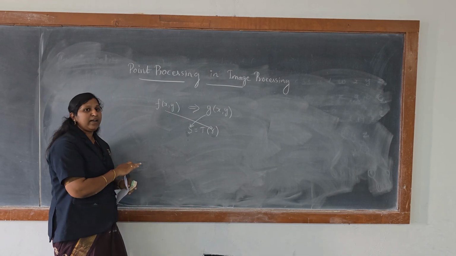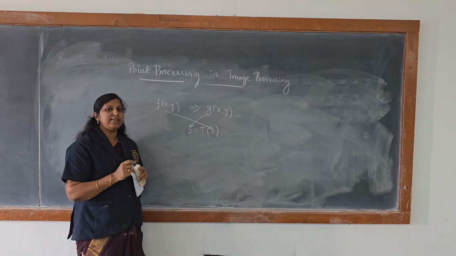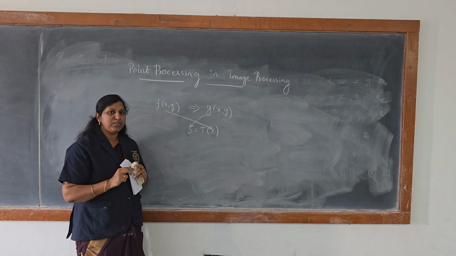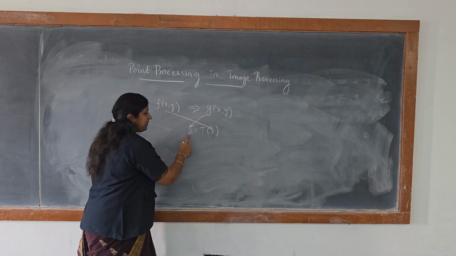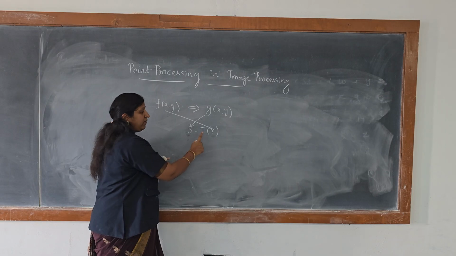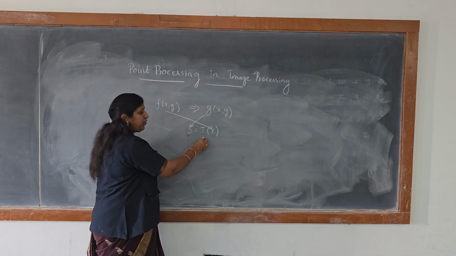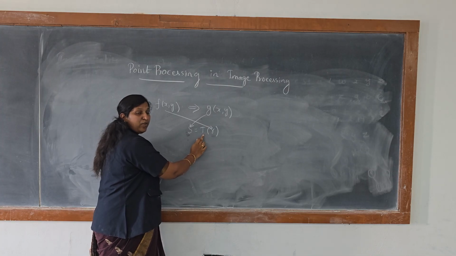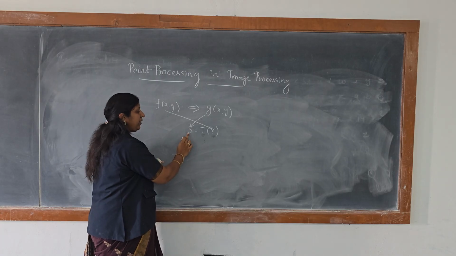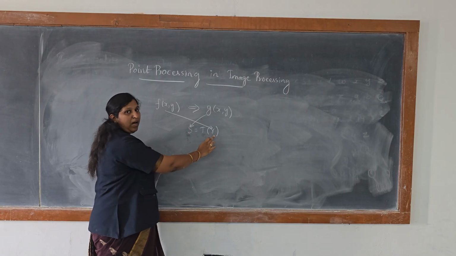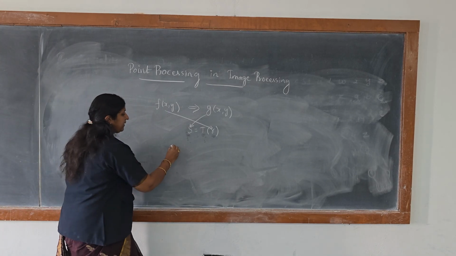As I told you earlier, in point processing we take each and every individual pixel in the input image and apply some transformation function to get the output pixel. T is a transformation function or point operation. By applying the transformation function over the input pixel we get S. So the relationship says that S is equal to T of R. Clear? Now we can see one image matrix.